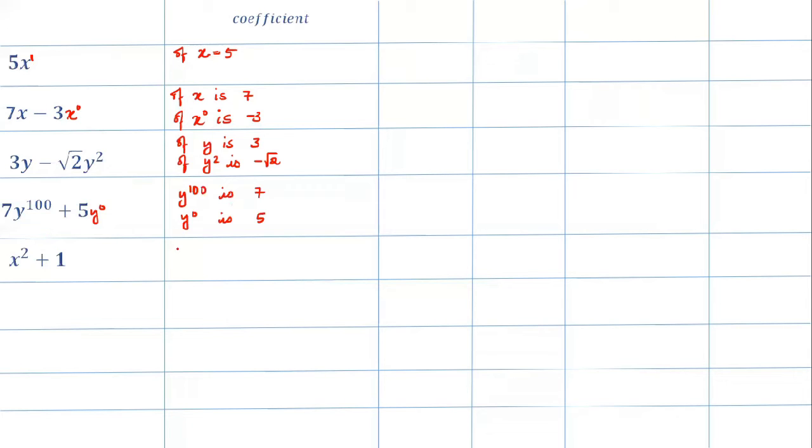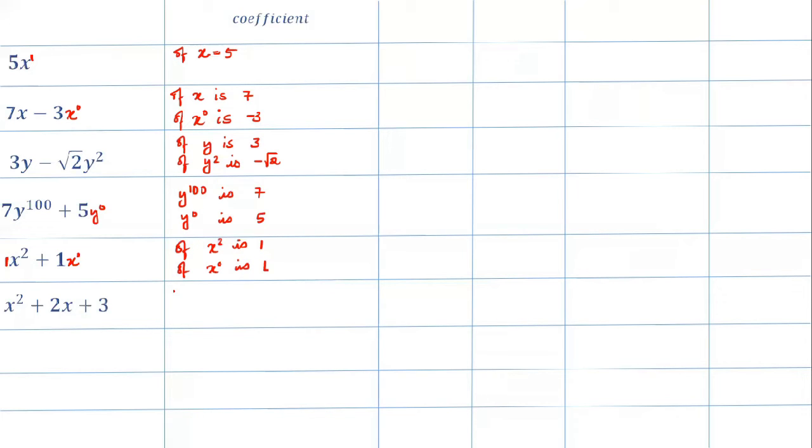Now x square plus 1. Coefficient of x square. What is there along with x square? Nothing is there. It is considered as 1x square. Coefficient of x to the power 0 is 1. Now x square plus 2x plus 3.